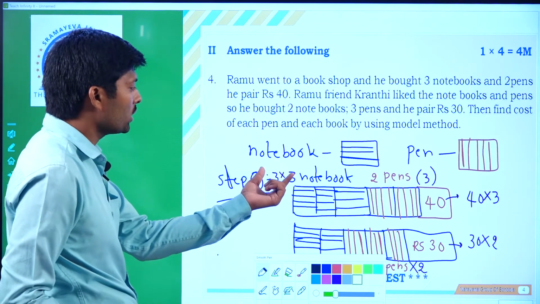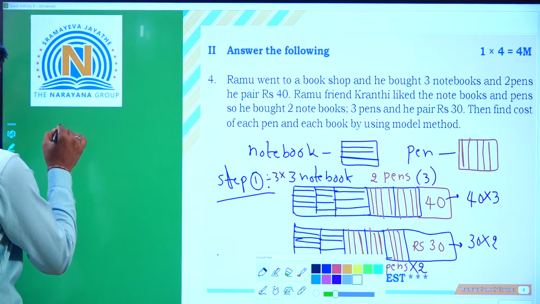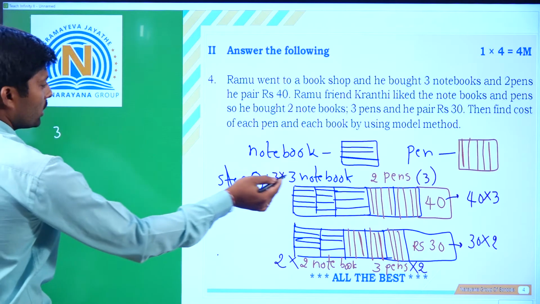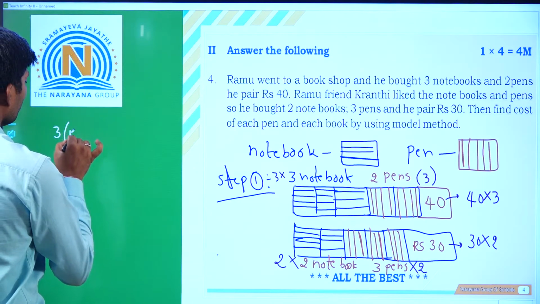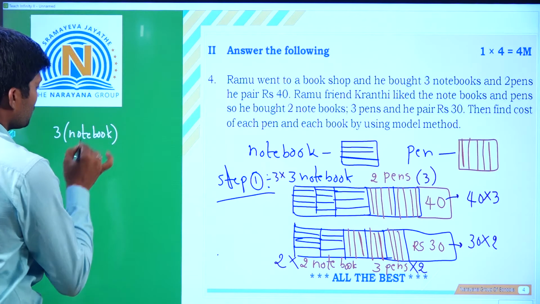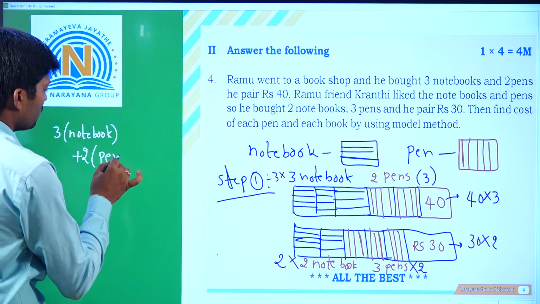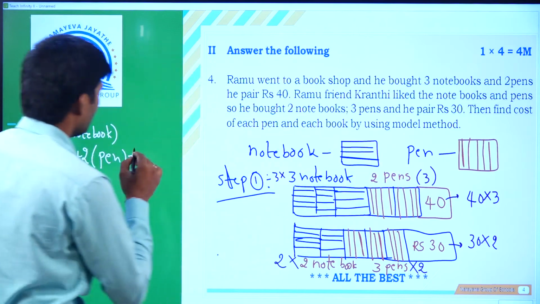You can substitute the 12 rupees in place of the cost of each notebook. So that is 3 into the cost of each notebook plus 2 into the cost of each pen is equal to 40 rupees.